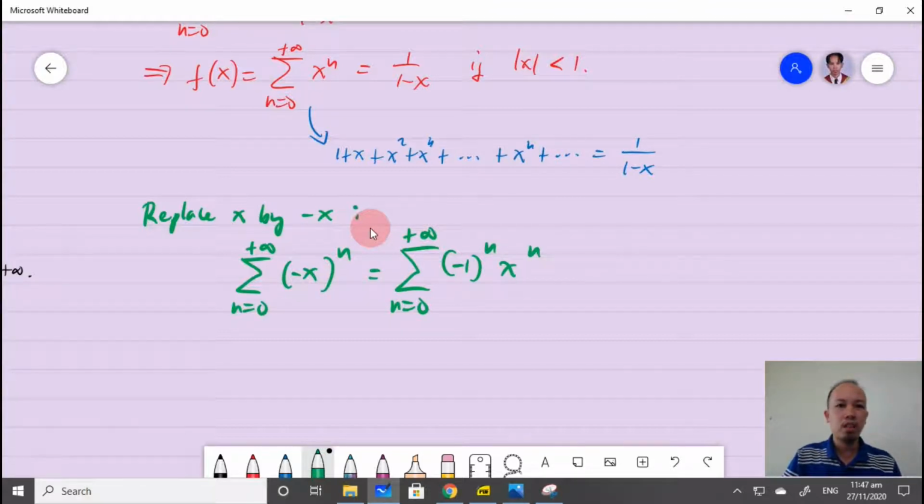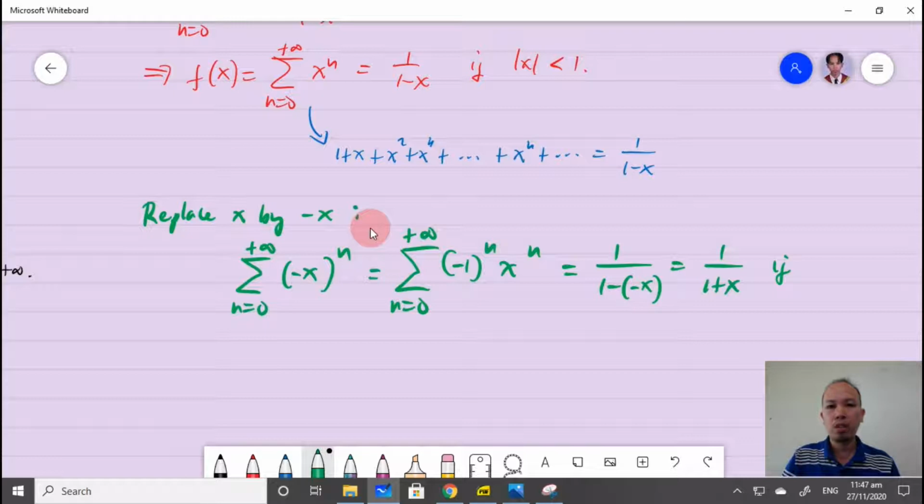Okay, and this is equal to, replacing our x here by negative x, 1 over 1 minus negative x, so this will become 1 over 1 plus x.